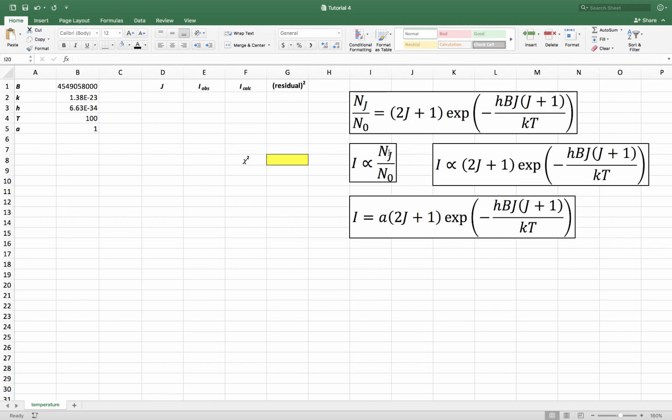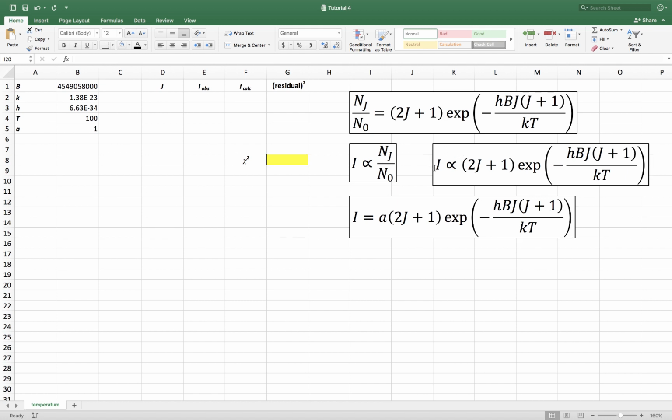So as I said, the intensity of any spectral line is proportional to the population in each state. So if I substitute in this expression for the population in this J state, then we have this expression here.